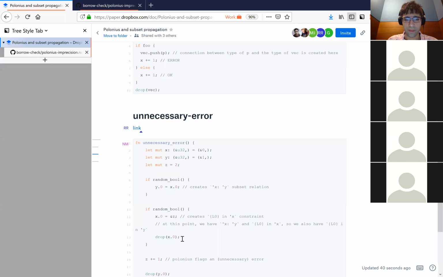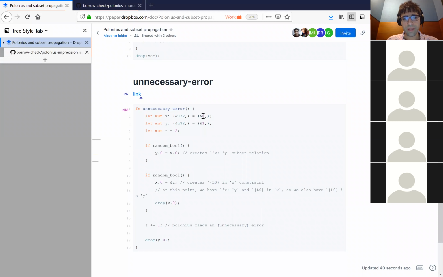And that's more in this example, where we have two variables, x and y, and we copy one into the other sometimes. But in that case, at the moment in which we do the copy, whatever x might point at that time, y can now point at. But if we make x point at something in the future, y still will never point at that, right?